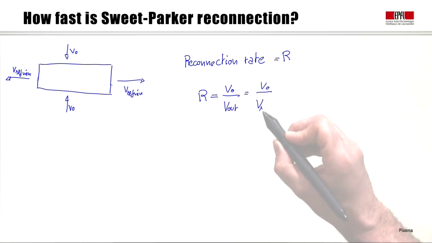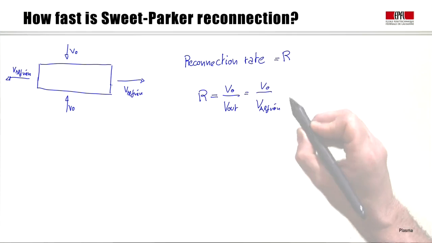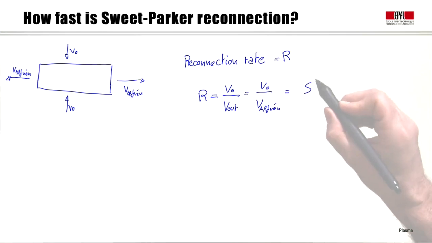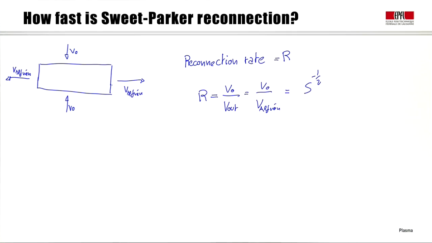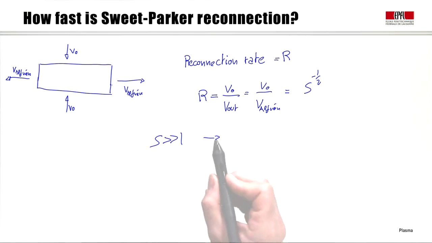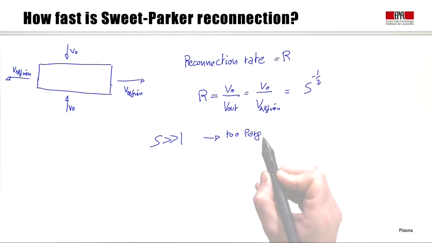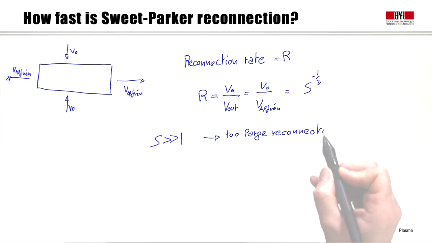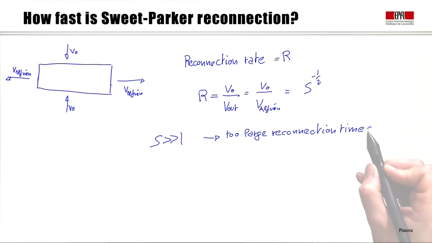This shows that in the Sweet-Parker model the reconnection rate scales like the inverse of the square root of the Lundquist number. Since the Lundquist number is much larger than 1 for many astrophysical systems, the Sweet-Parker rate leads to reconnection times that are many orders of magnitude larger than those that are observed.